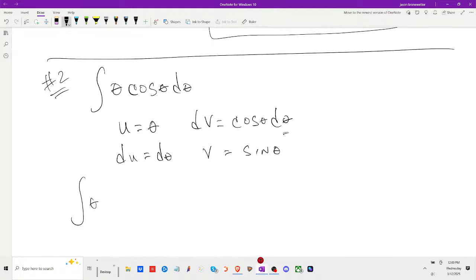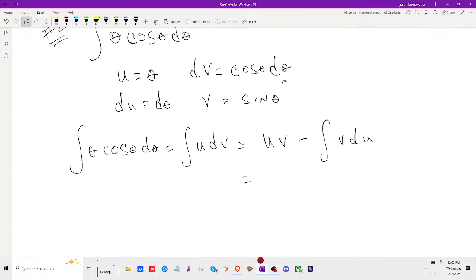So the integral I'm interested in, that's going to be my integral of u dv, and that's going to be uv minus the integral of v du. u times v is theta sine theta, and then the integral of v du gives me the integral of sine theta d theta.